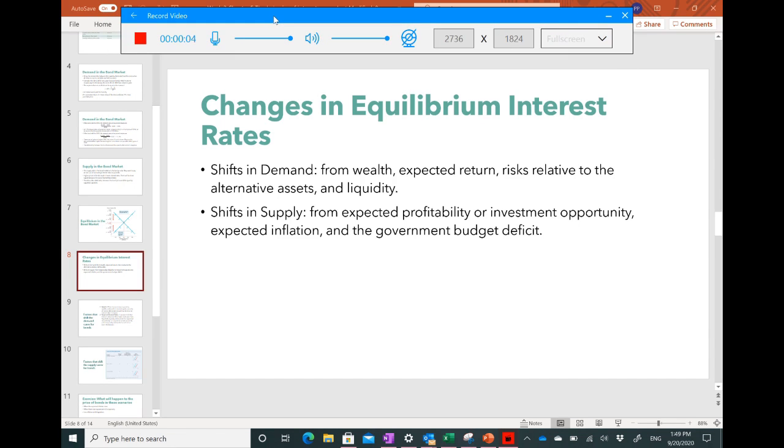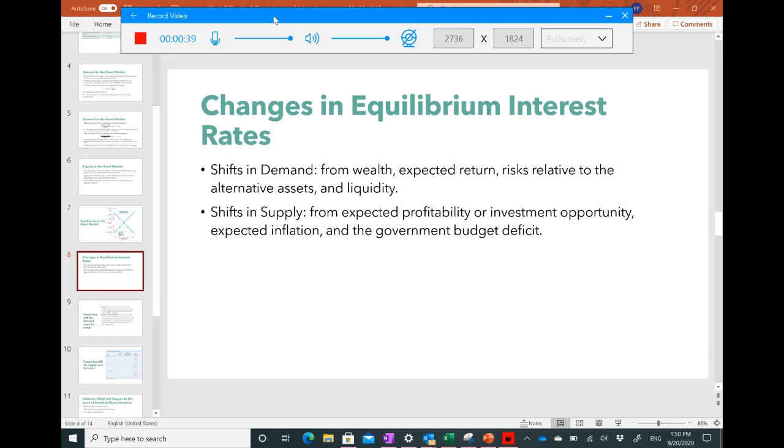From the previous video, we end at the equilibrium price in the bond market. In this video, we are looking at the factors that can shift the whole demand or supply in the bond market. The factors that can shift demand in the bond market come from wealth, expected return, which will be changed when the expected interest rate change, risk relative to alternative asset, and the liquidity of the asset.